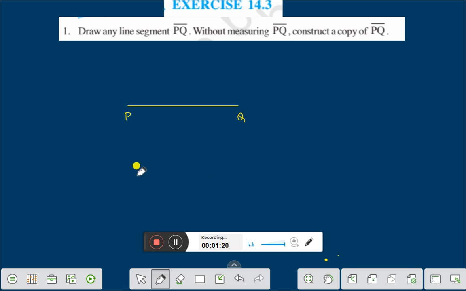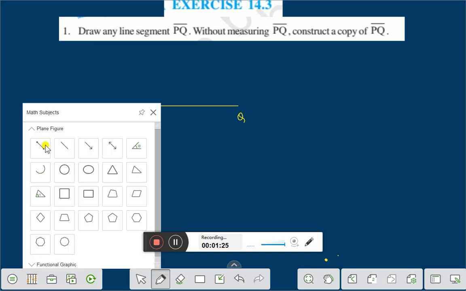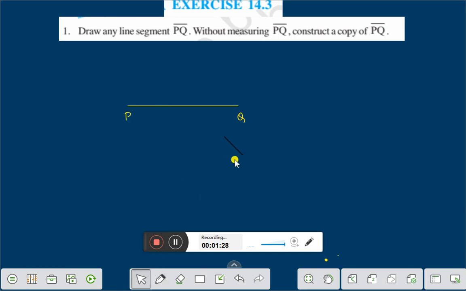Let us take another line. Suppose this is the line.